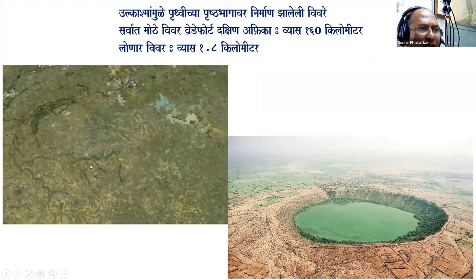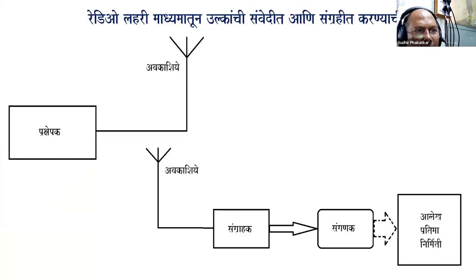This is a very large crater in South Africa. The diameter of this crater is around 160 kilometers, and this is the very famous crater of Lunar, whose diameter is around 1.8 kilometers, and craters a few meters in diameter are also on the Earth's surface. I couldn't prepare those pictures, but you can find them by searching on Google.